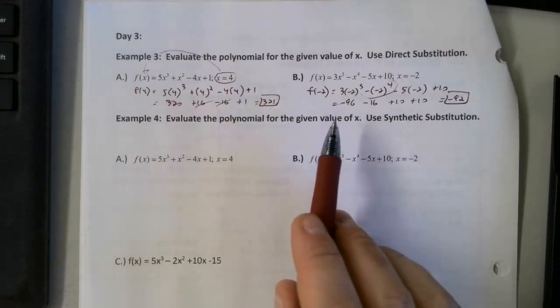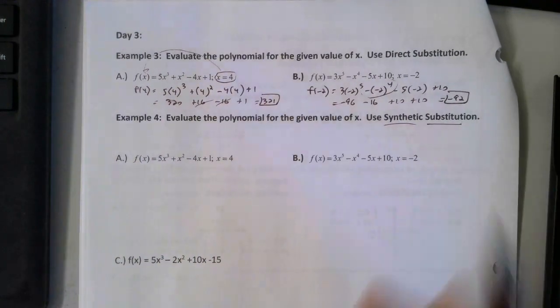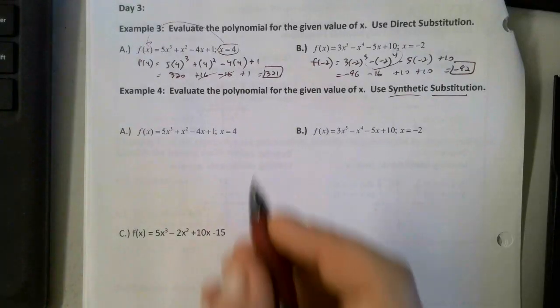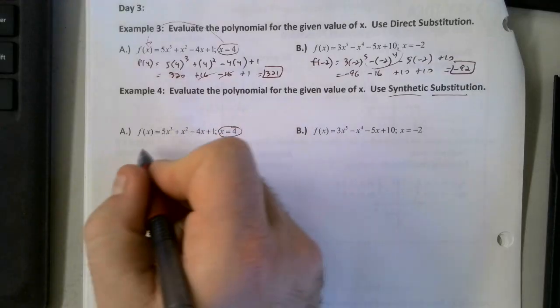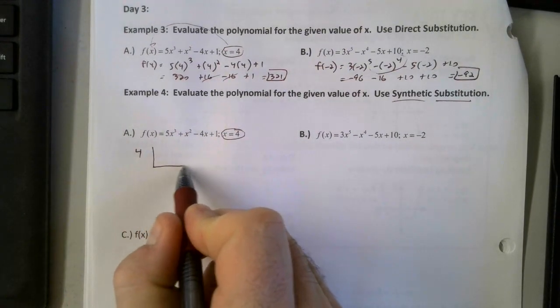Another way to evaluate a polynomial is to use what's called synthetic substitution. So what you do with synthetic substitution is you take the given x value and you put it out front of the polynomial, and you draw an upside down division bracket.